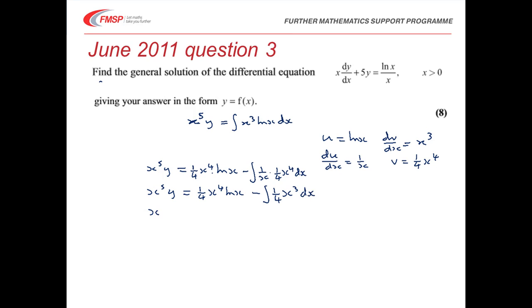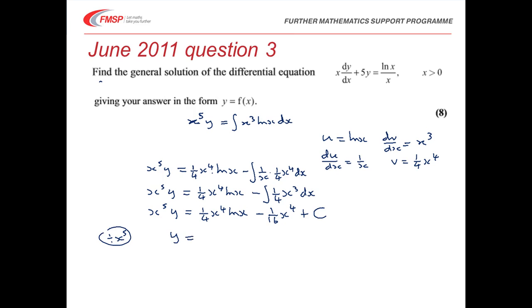So we now have a new integral which is much easier than the original one, and will simply be a 16th x to the 4. Don't forget, you now need your constant of integration. The question wanted y to be a function of x, so all we do to finish off this question is to divide through by x to the 5, all the way through.